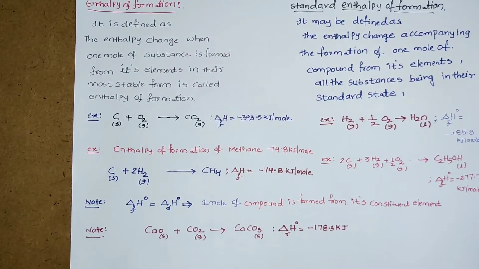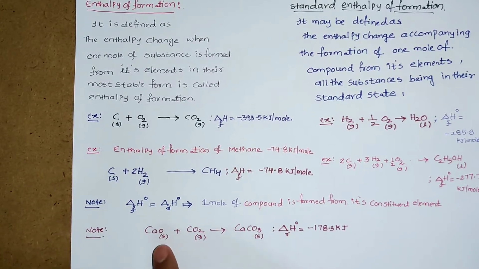That 1 mole of a substance is formed from its constituent elements which are in their most stable form. So here, what are the constituent elements? Calcium, carbon, oxygen. That means we write calcium plus carbon plus 3/2 O2. If we write like that, then that is the standard enthalpy of formation.